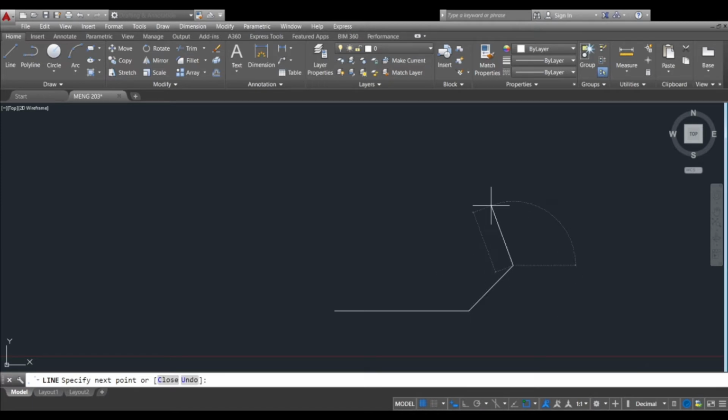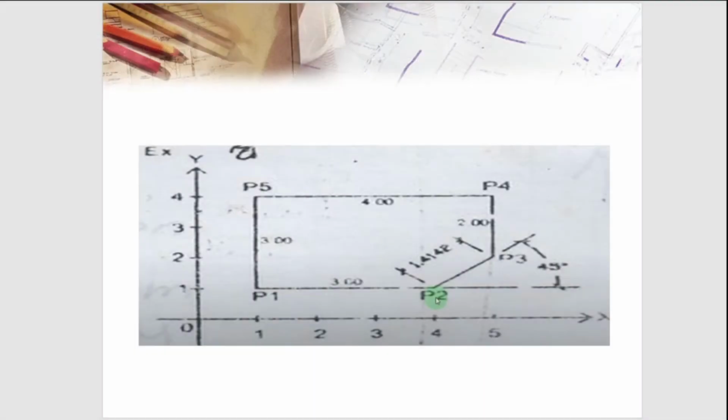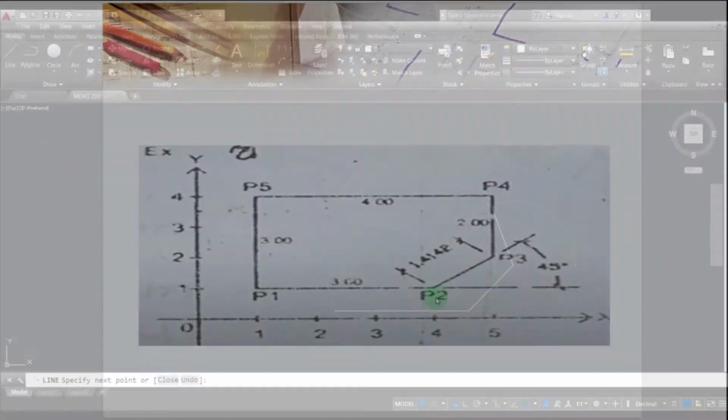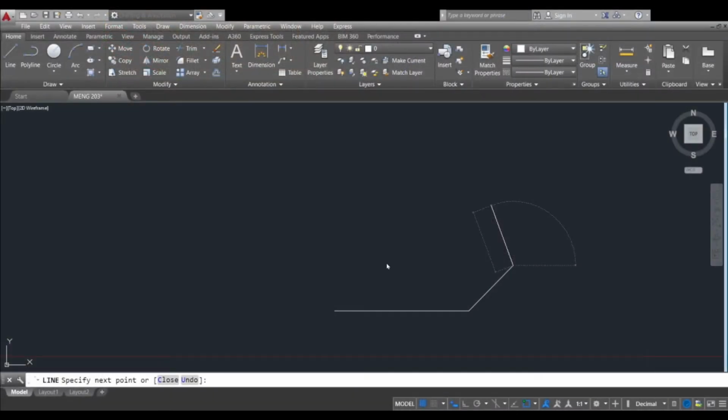Okay, so we have that point. The next point is P4, where we're going up. That is 90 degrees, 2 units going up. Let's input this in CAD: @2 angle 90 degrees.